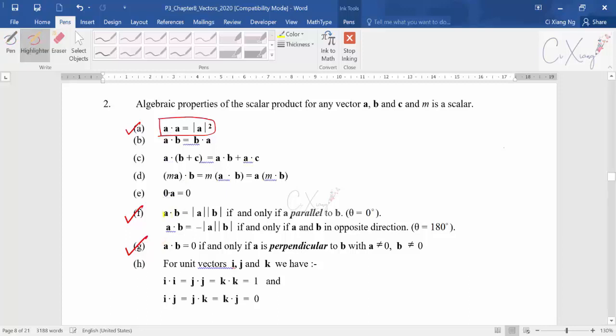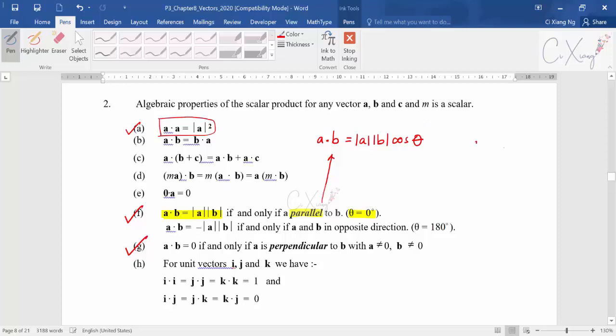Part F: A dot B equals modulus A modulus B if and only if A is parallel to B and theta is 0 angle. What does this mean? For the first part of F, A dot B is equal to modulus A and modulus B, original question will be cos theta. And because they say A and B are parallel, theta is 0.